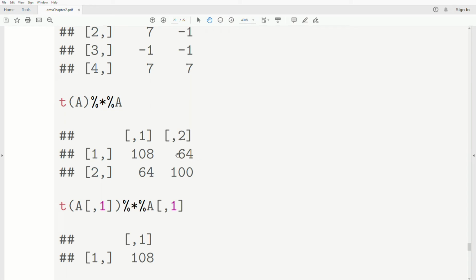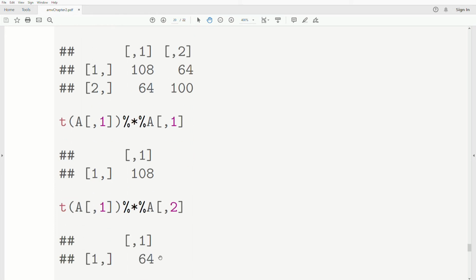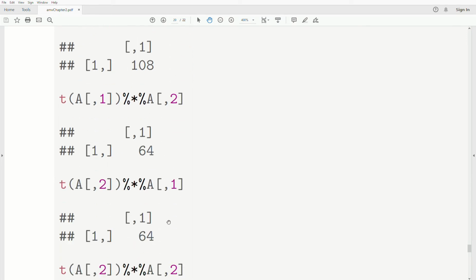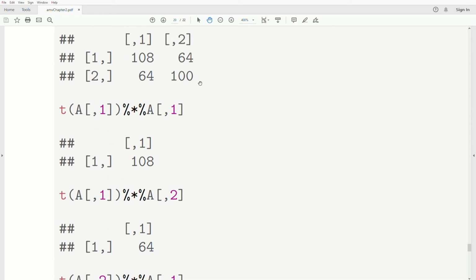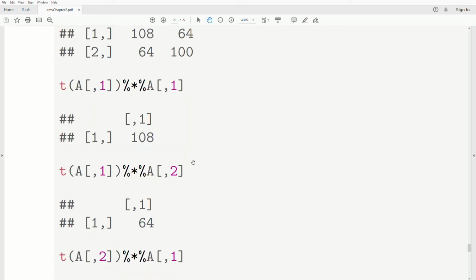This one here is the dot product of column 1 and column 2. It should be 64, and since it's symmetric, we get 64 on both sides. And that last entry is the dot product of column 2 and column 2, and that's 100 right there.